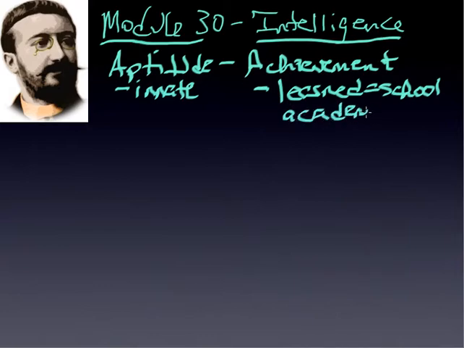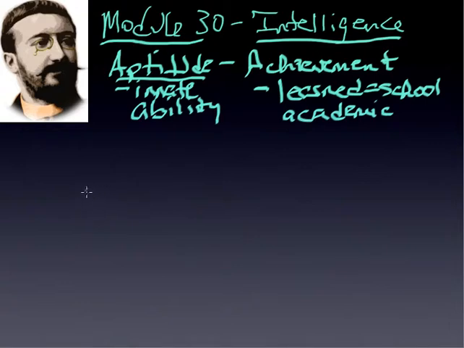which comes into play when we're talking about achievement. So if you take an aptitude test, it's looking at more of your innate abilities, and when you're looking at an achievement test, it's looking specifically at what you have learned as a result of academic training and other training. So when we look at and talk about intelligence, usually we're talking more about aptitude than what most people might think about in terms of achievement.